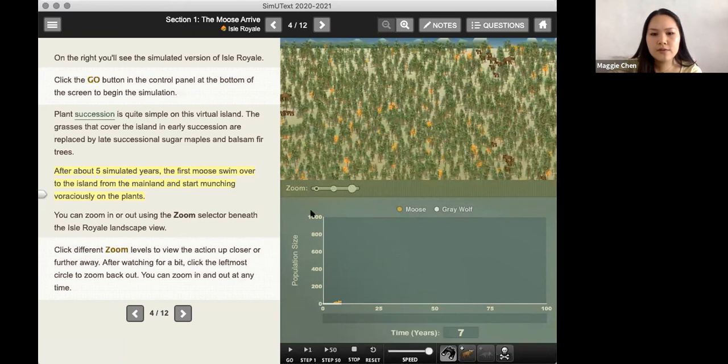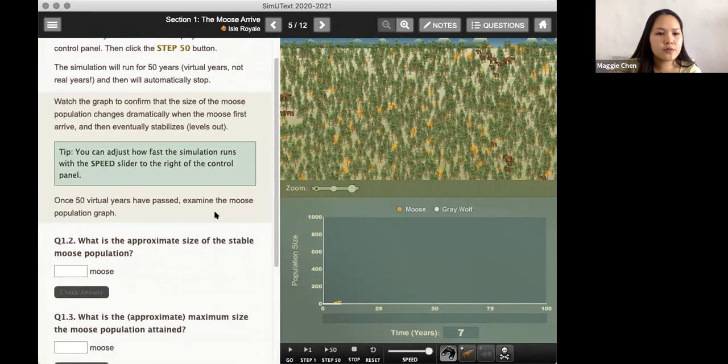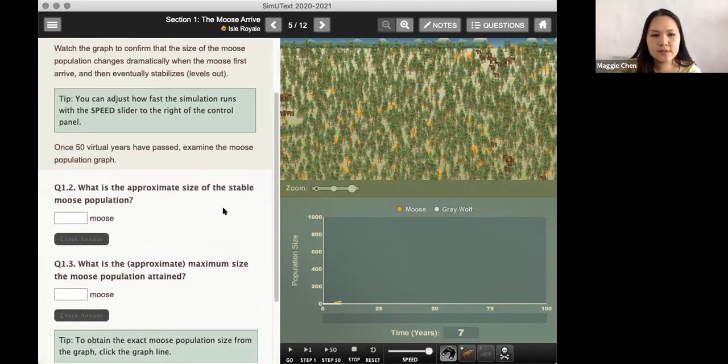You can see around year 7 that the moose have started to arrive and started to eat at our vegetation. But let me introduce the next slide, where I'll go over this first slide too, to show how we can look at how many moose are on our island at a given time.